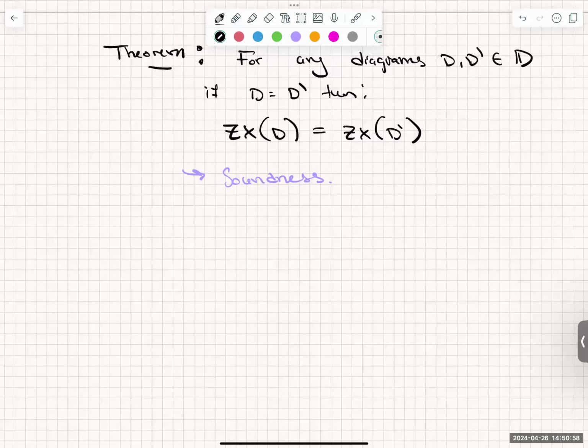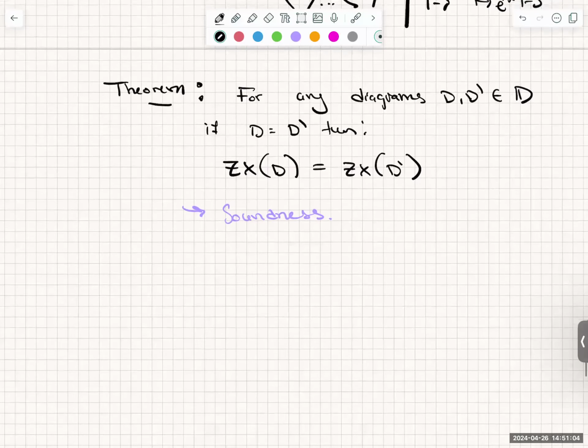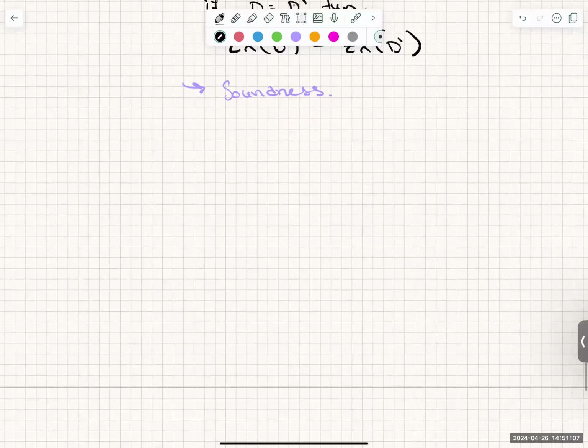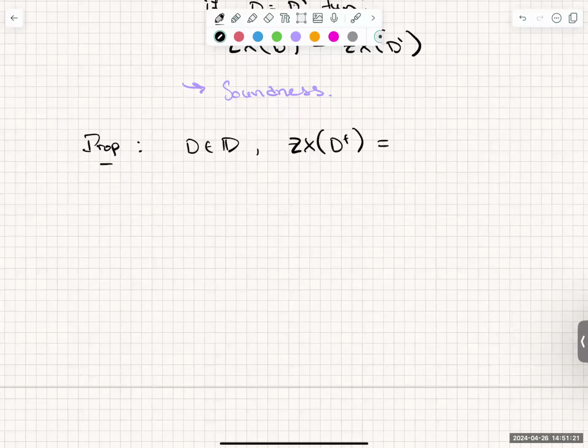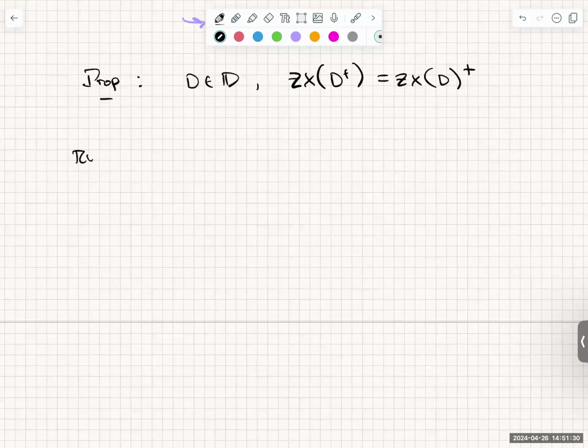Basically, if any two diagrams are equal, then the images as linear maps in FHilb will also be equal. In a similar vein, if you have some diagram D, then ZX of D dagger is equal to ZX of D, then dagger.